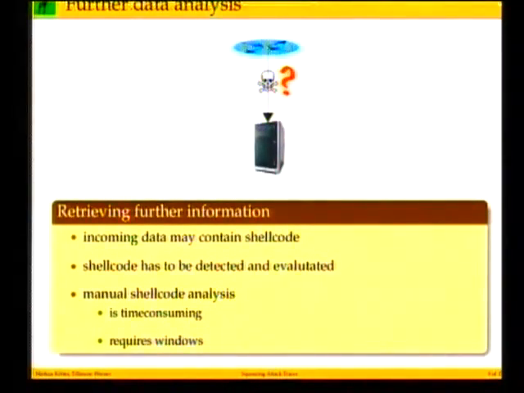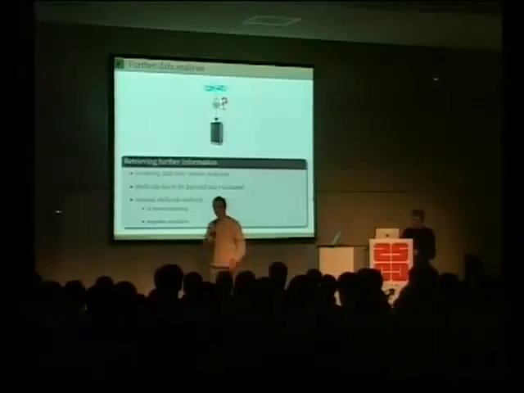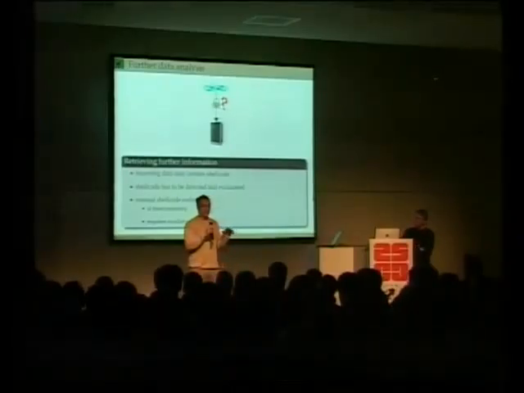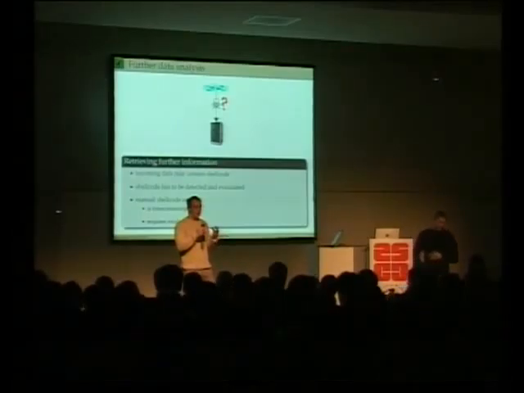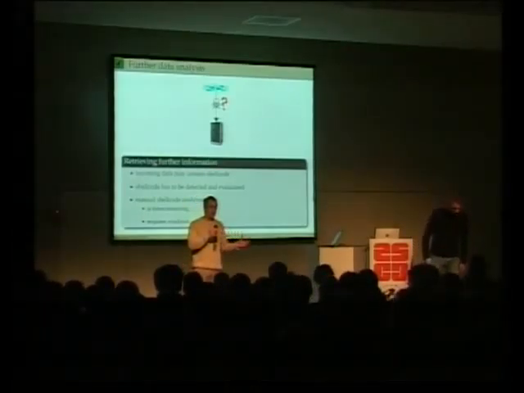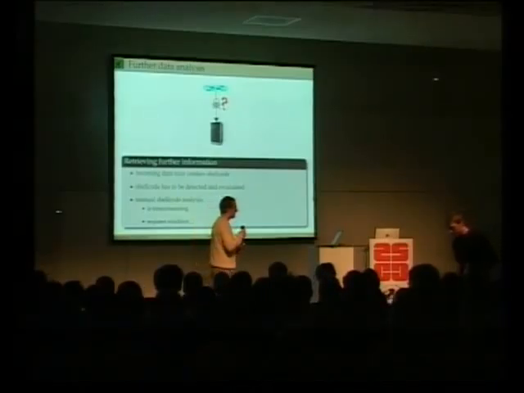Hello, I'm Markus, and I'll try to explain the basics of detecting and profiling shellcodes from network streams. Taking the technology Till just presented, we can gather a lot of data, and we need a way to automatically look for shellcode within this data.